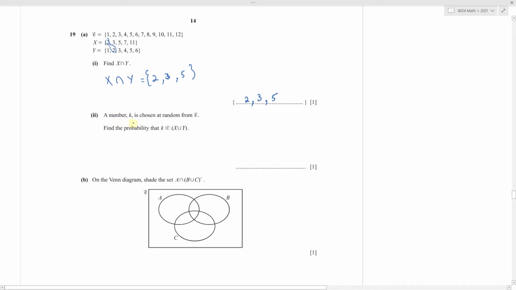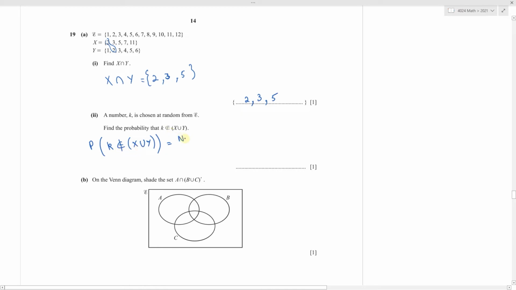Part 2 is a number k is chosen at random from the universal set. Find the probability that k does not belong to X union Y. So you have to find the probability that k does not belong to X union Y. That means if you're choosing from the universal set, what is the probability that the number is not part of X union Y?